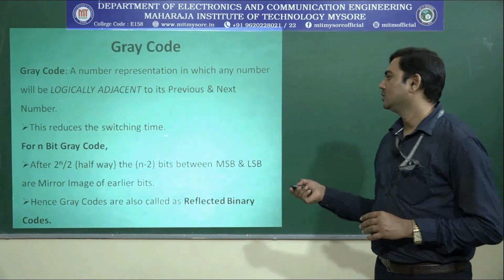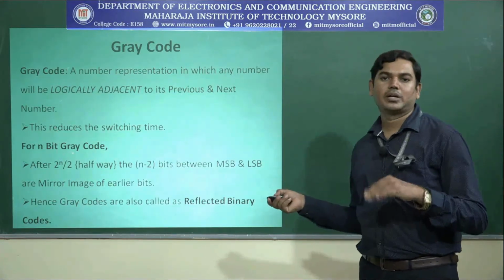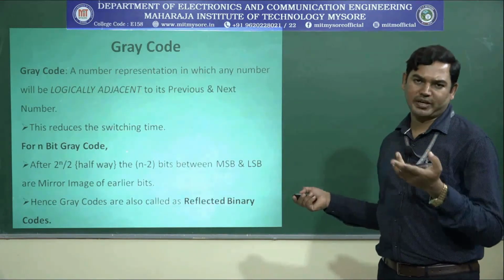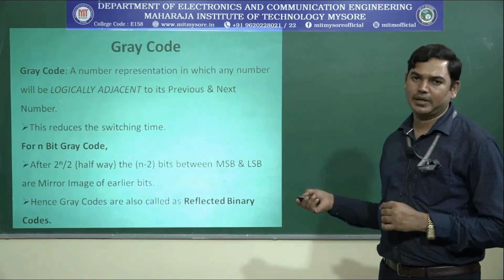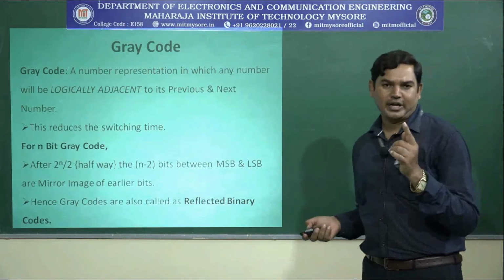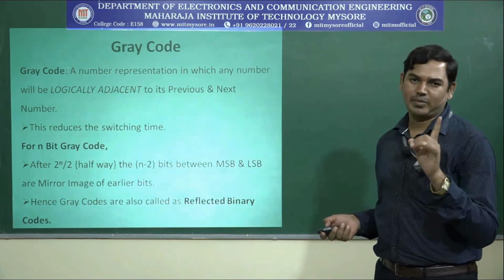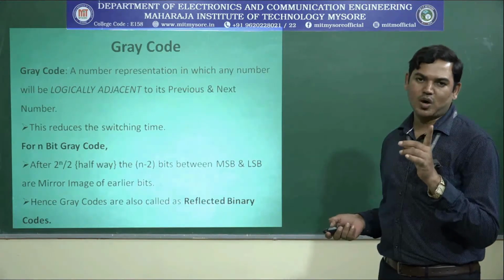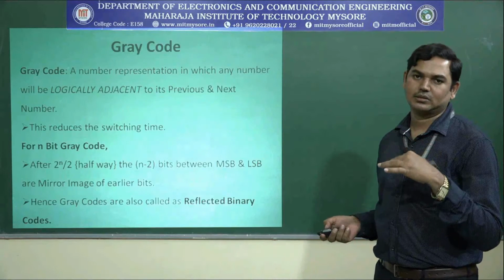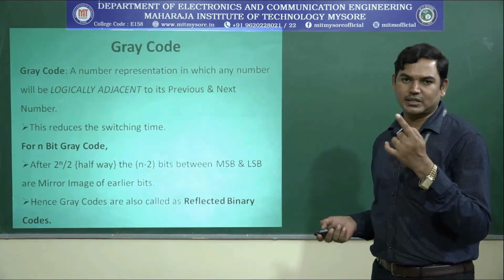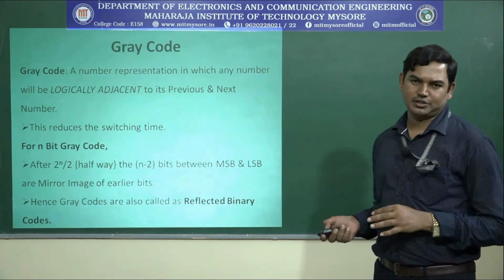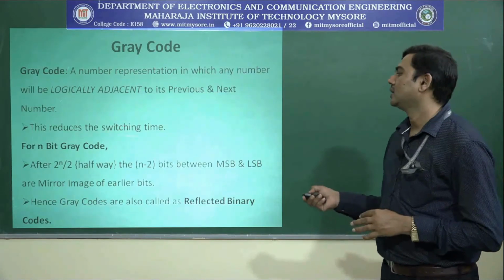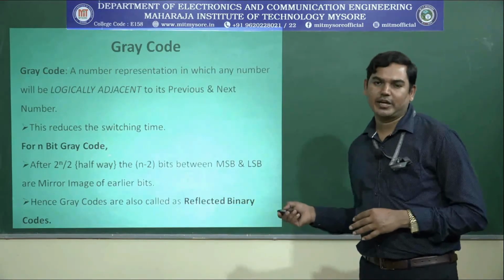Here, since any number will be logically adjacent to its previous as well as the upcoming data stream, the bit which needs to be changed is only one bit. If that bit was 1, in the next number, to generate the next number, that bit should be made as 0. Thereby, the switching time will be reduced.